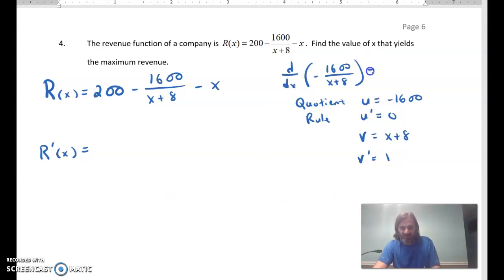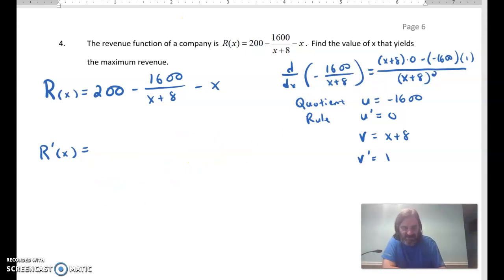So that derivative would look like v times u prime, so that's x plus 8 times 0, minus u, which is negative 1600, times v prime, which is 1, all over v squared, so x plus 8 squared on the bottom.